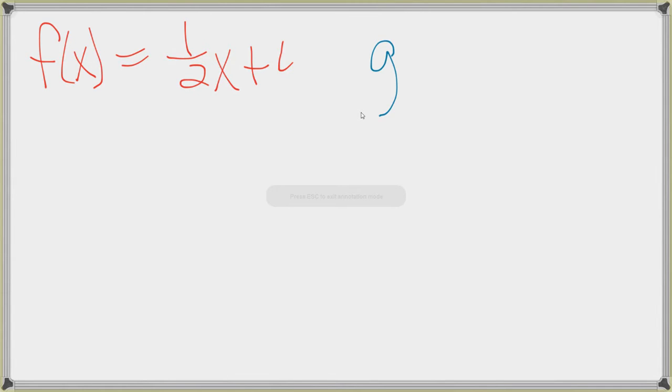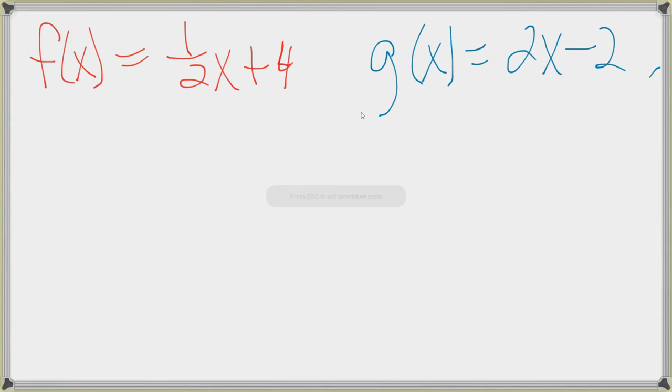I'm trying to keep the f of x red and the g of x blue and the composition purple. You can tell I had a little trouble there getting my stuff together.